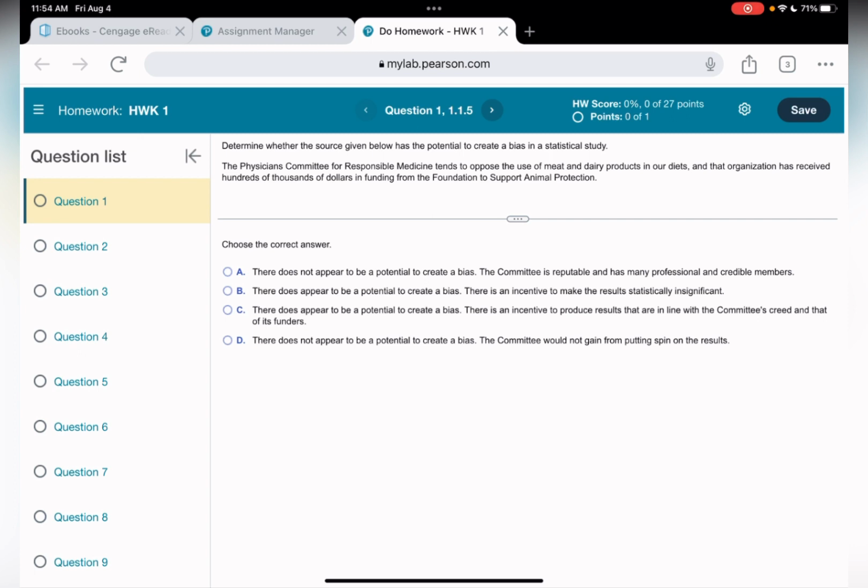That's response bias. Measurement bias occurs when the measurement instrument or technique systematically misrepresents or distorts the true value that is being measured.